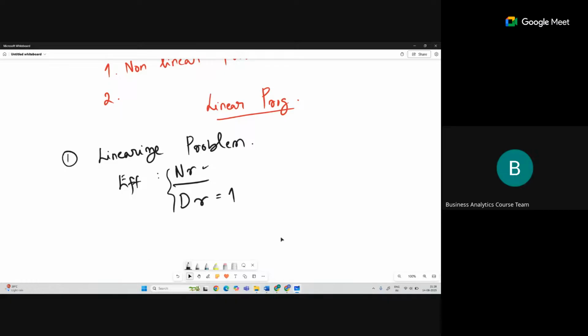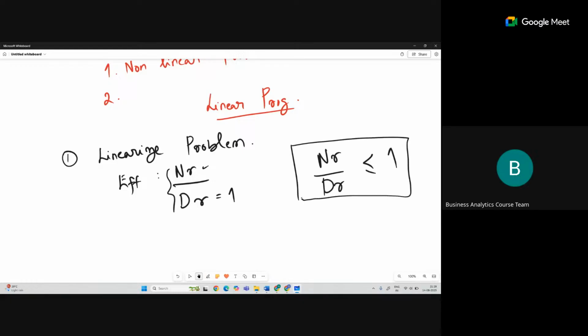And then we have a constraint that says numerator by denominator should be less than or equal to 1. Efficiency cannot be greater than 1. Can we write this as numerator is less than or equal to denominator? You're just cross multiplying here. Through this, we get rid of the denominator.